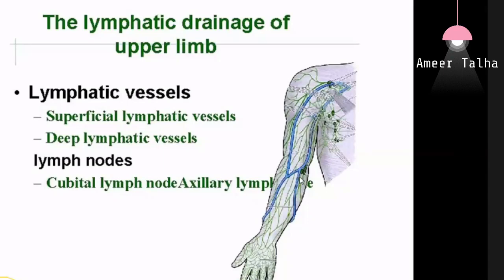Some lymphatics of the medial half of the upper limb would first relay in the supratrochlear group of lymph nodes, and after filtration from these, the lymph would again move upward, and the rest of the lymph goes directly. 5 to 10% relay in the supratrochlear group of lymph nodes, the rest ascend unrelayed, and in the upper arm they all drain into the lateral group of axillary lymph nodes, and from the lateral group they move to the apical group of axillary lymph nodes.